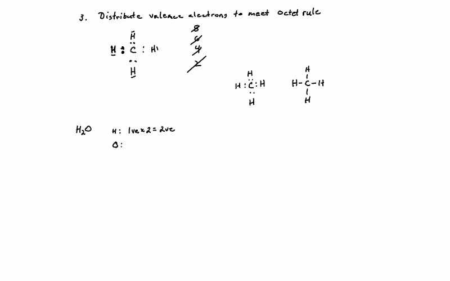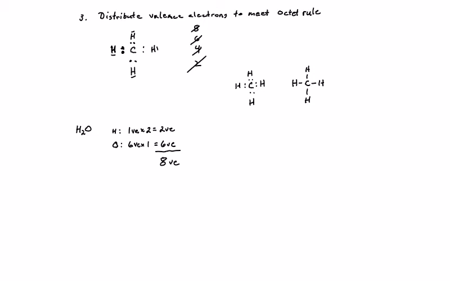And we have oxygen. Each oxygen atom is going to have 6 valence electrons. Again, remember, 6 valence electrons because it's in group 16. And there's only 1 oxygen atom, so we get 6 valence electrons. And again, we have a total of 8 valence electrons.